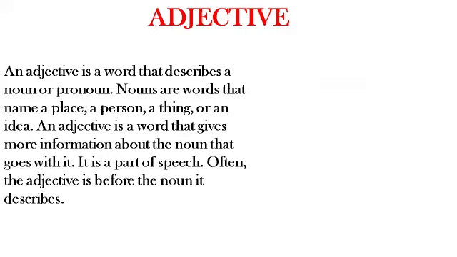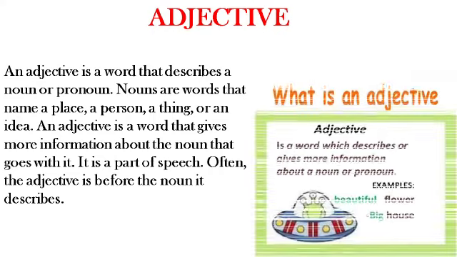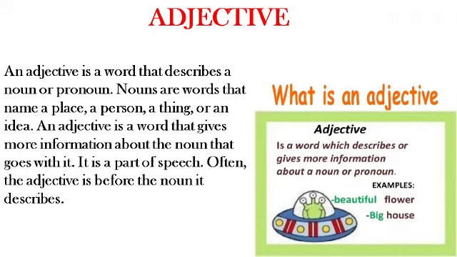Often the adjective is before the noun it describes. For example, adjective is a word which describes or gives more information about a noun or pronoun. For example, beautiful flower, big house. This is our adjectives.